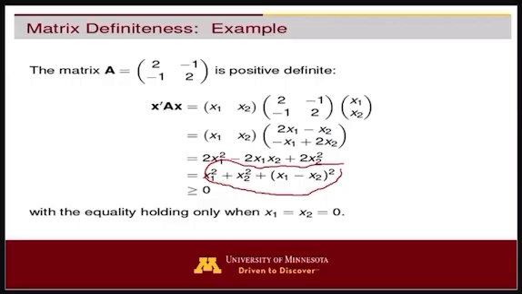Because of that, I'm going to say that it is greater or equal to zero. It could be zero or greater. It cannot be negative because of the square. Because I got greater or equal to zero, I conclude that this is semi-positive definite. Does that make sense?